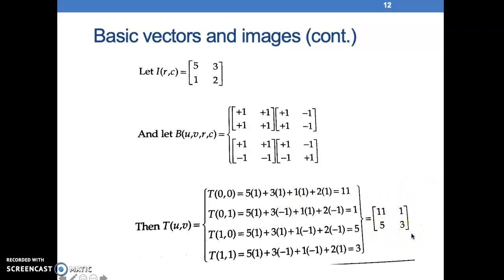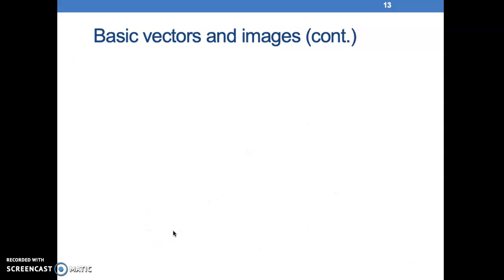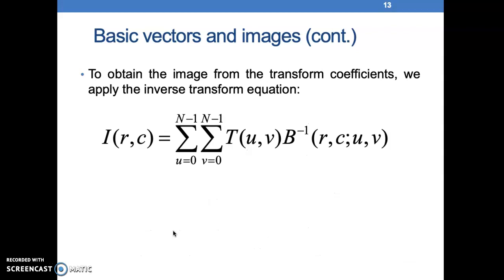The basic process is like this: you project I(r,c) with the basis image, and at the end you get the frequency domain, which is T(u,v). To obtain the image from the transform coefficients, we apply the inverse transform equation.